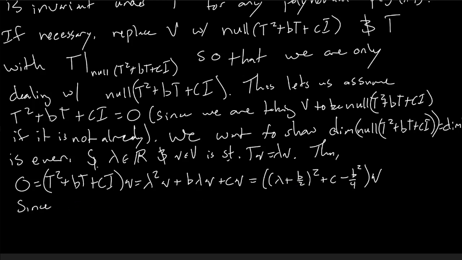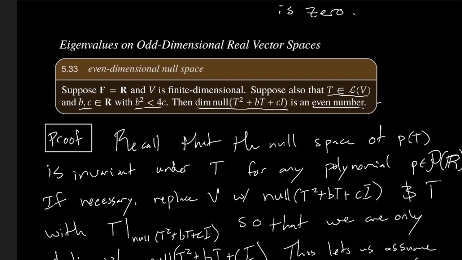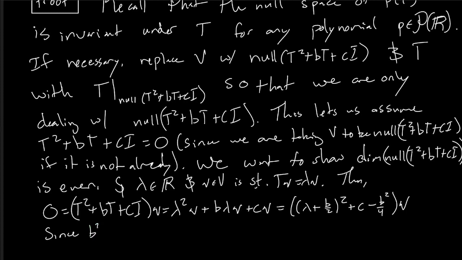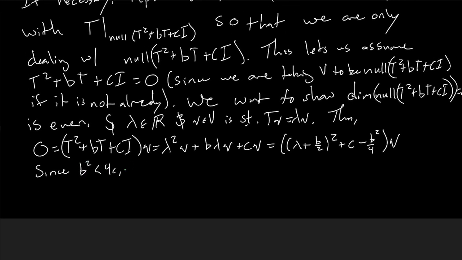Since we have assumed in the statement of this theorem that b squared is less than 4c, here's what we'll get. Since b squared is less than 4c, 0 is less than 4c minus b squared, and dividing by 4, 0 is less than c minus b squared over 4.